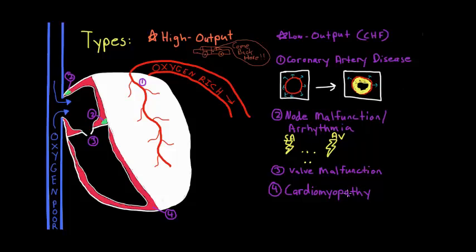So cardio meaning heart, myo meaning muscle, pathy meaning illness. So we have an illness in the muscles of the heart. So we can have a variety of different illnesses that affect these muscles, and they can come about because of viruses, because of bacteria, for a lot of different reasons. So we're just going to talk generally about what goes on.